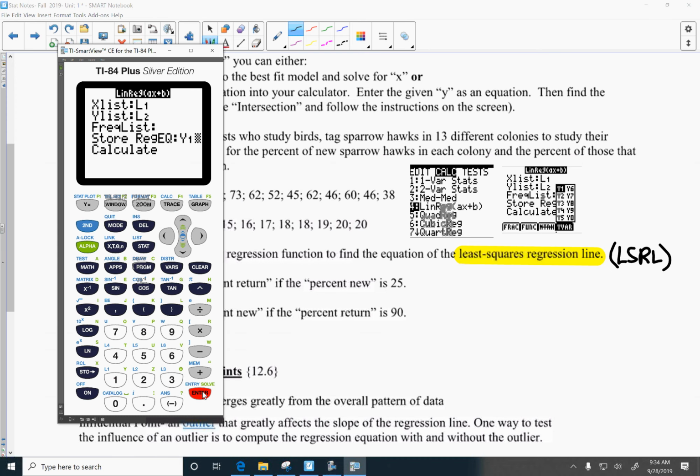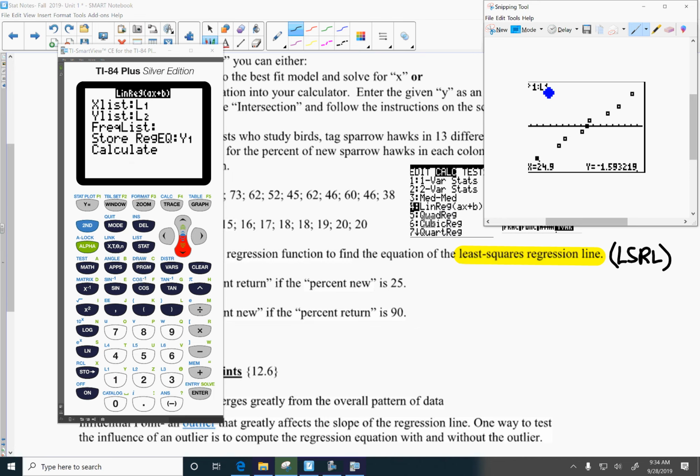So I'm going to hit enter, and what it does is plug y1 into the field that says store regression equation.